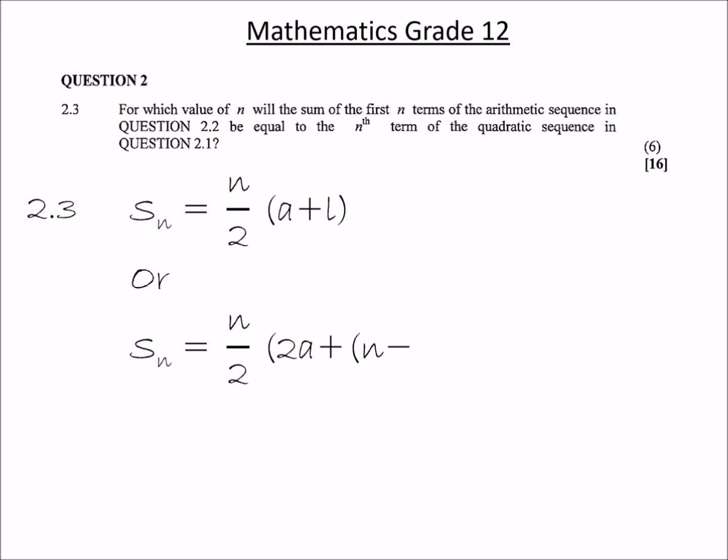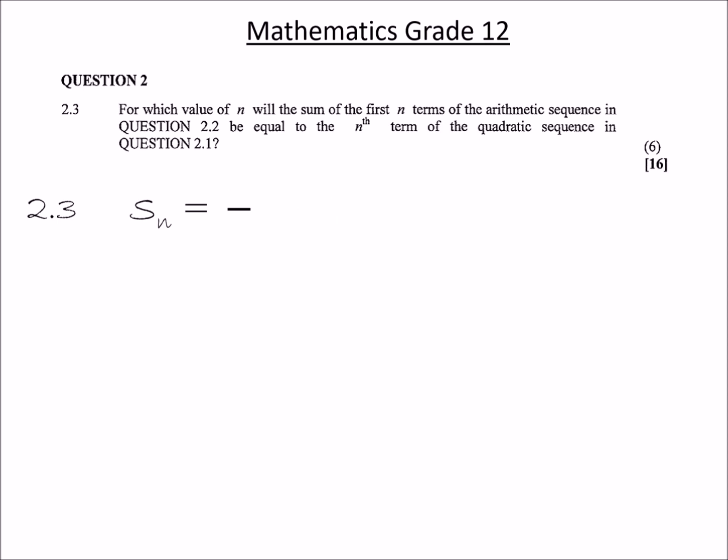Now 2.3. We can either use the last term or the common difference formula. Let's use the common difference formula. We know that a is equal to 35 and d is minus 7.